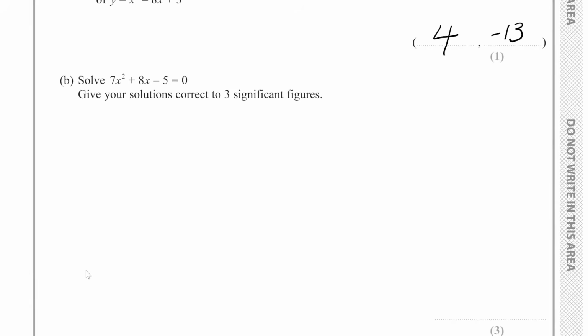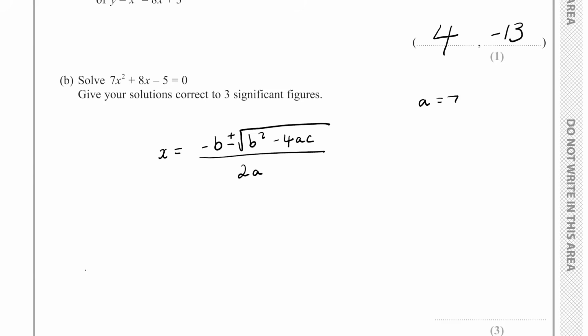And part B, solve. We've got a quadratic to solve. We can use the quadratic formula. And the quadratic formula says x equals minus b plus or minus the square root of b squared minus 4ac all over 2a. And in this question, a is 7, b is 8, and c is negative 5.